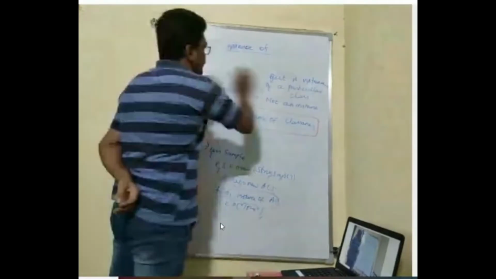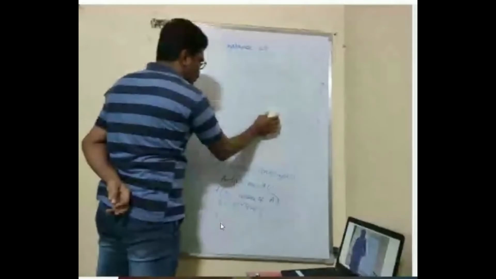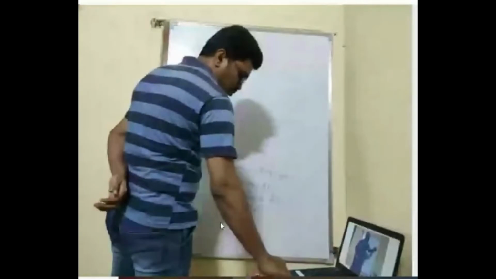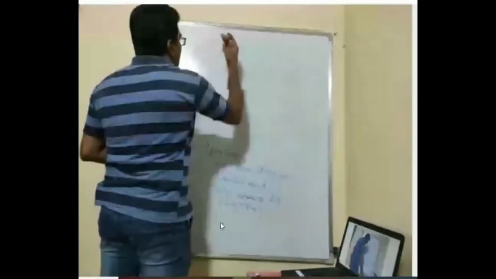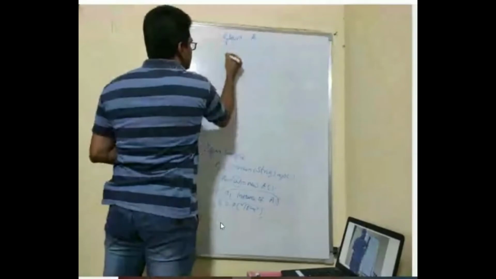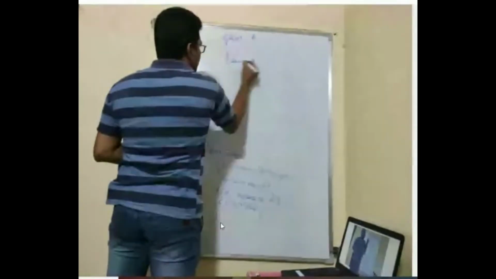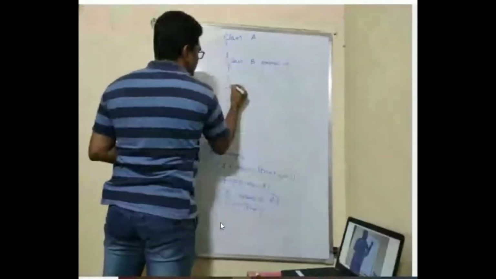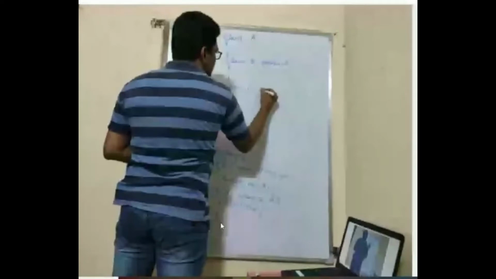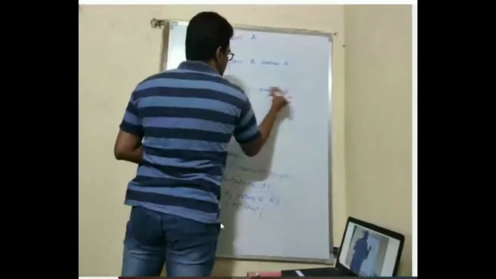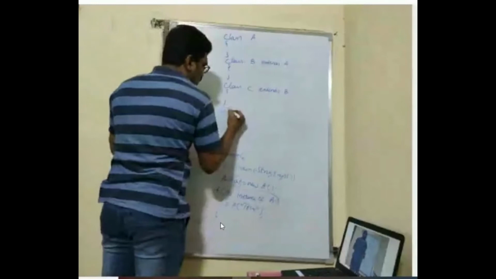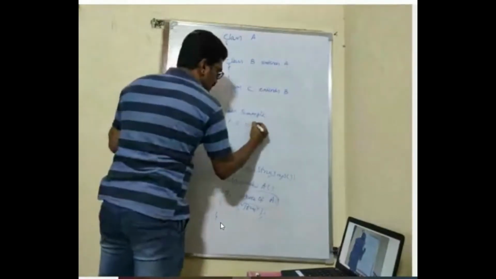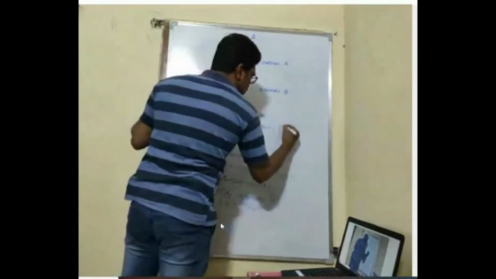We'll see one output prediction question on this, and then we'll move on to the next one. Okay. Now I have a class A, a class B that extends A, and a class C that extends B. Now I'll write class Sample, public static void main, String args.